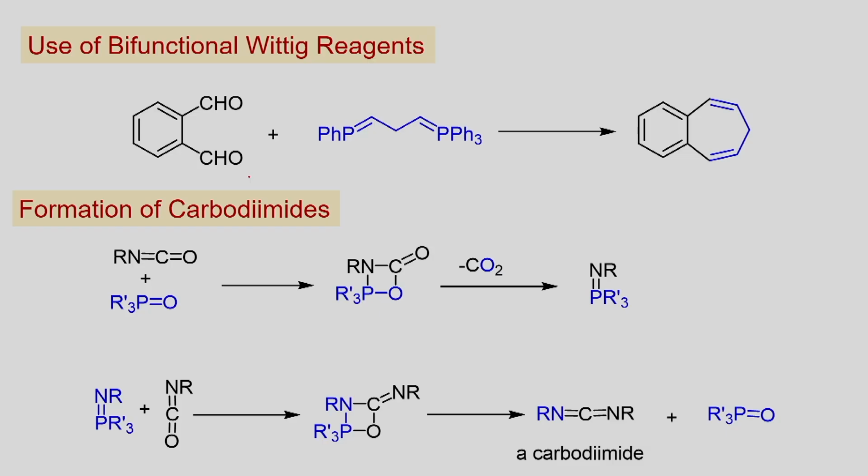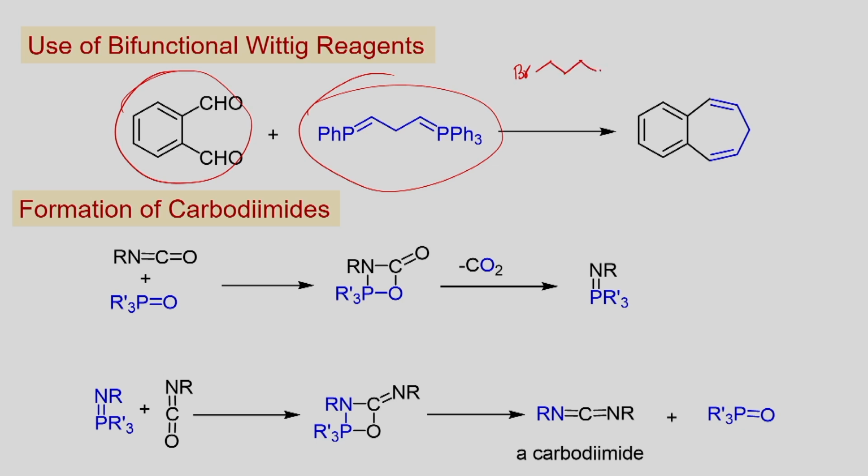Here another application is shown, if you have the dialdehyde, which can be reacted with this bifunctional ylide. You form the salt, as we have seen, then you can deprotonate, you form this ylide.